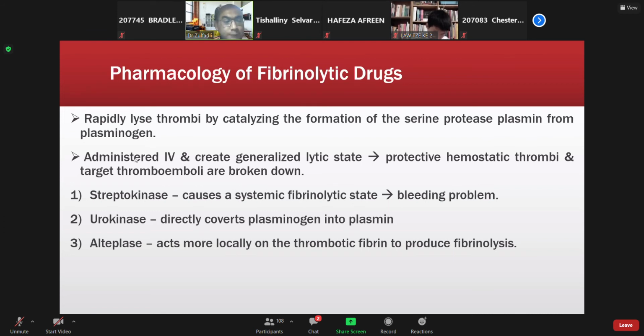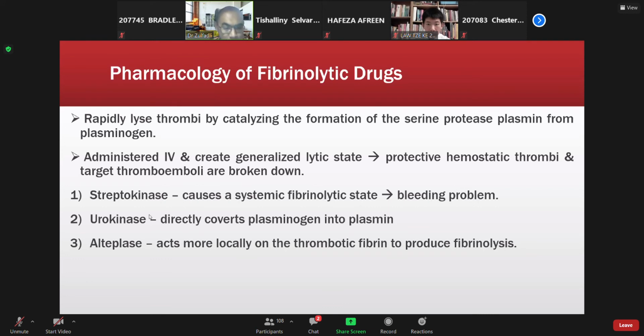These drugs are administered IV and create a generalized lytic state, so protective hemostatic thrombi and target thromboembolism are broken down. So basically the drug will lyse the fibrin and also the thrombi.